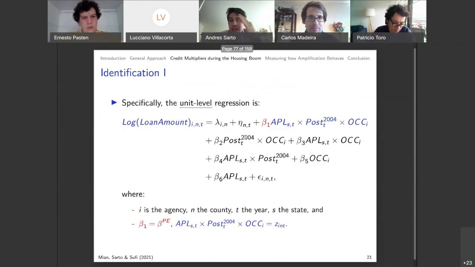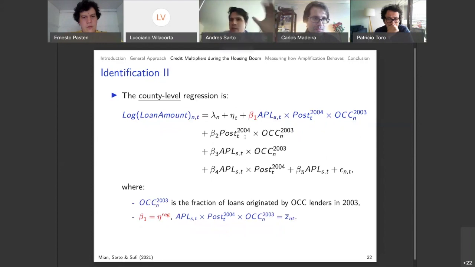To tie the specification to what I've shown you before, the variable of interest here is going to be this triple interaction: whether we are an APL state or not, whether it's after or before 2004, and whether you are regulated by the OCC or not. This is going to serve as my Z_INT that I had before, and the beta 1 in this equation is going to be my partial equilibrium effect. When I go to the regional level regression, I'm going to use the same thing.